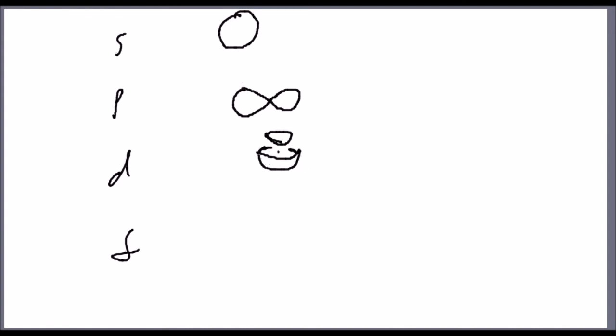That donut's a bit thick. But yeah, it's like a sort of thin donut around the atom with sort of pieces on top and below. Okay? And then F is even stranger. That's similar to D actually.